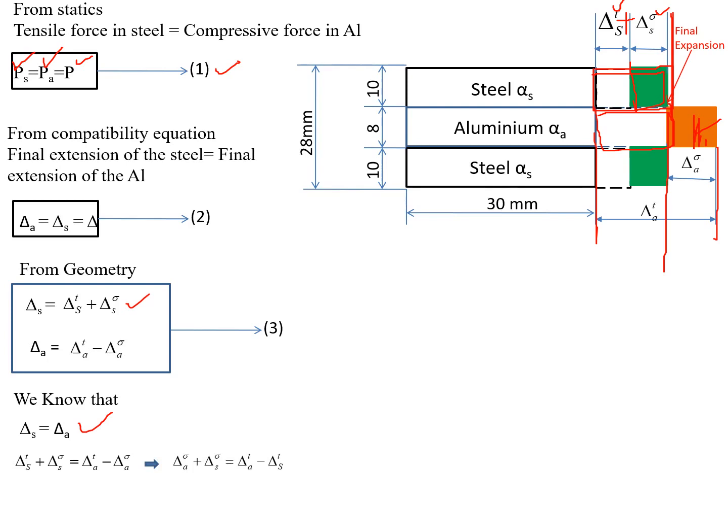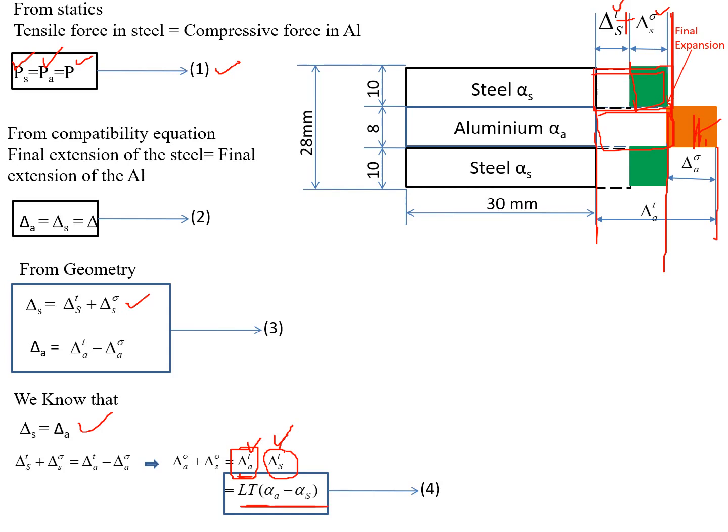Once again, writing it down: delta A sigma plus delta S sigma equals delta AT minus delta ST. We know that delta AT, the thermal expansion of the aluminium due to the temperature change, equals L alpha A T. Similarly, delta ST, the thermal expansion of the steel due to the temperature change, equals L alpha S T. Here I wrote it directly.